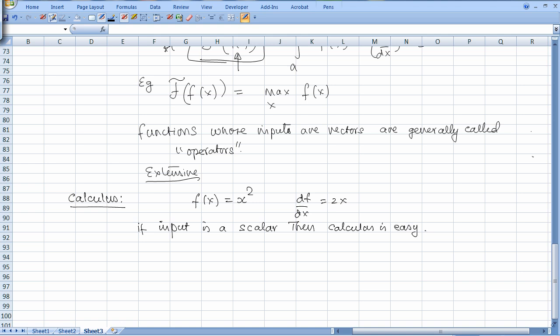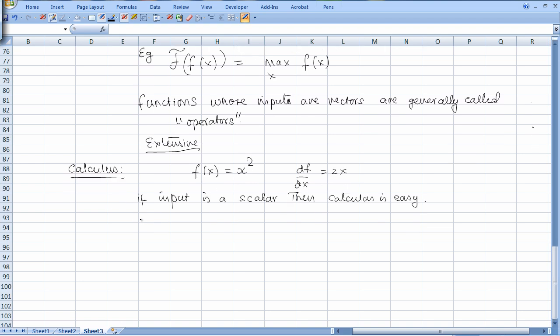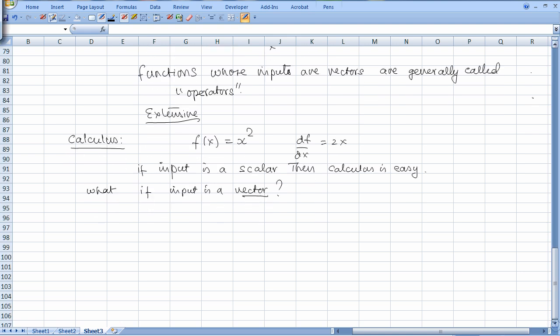Okay, so our idea is, what if the input is a vector? We only know how to do it with scalars. So what we will try to do is convert vector operations into scalar operations. What do I mean?